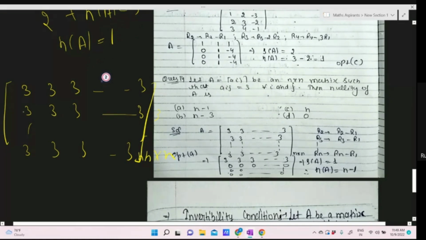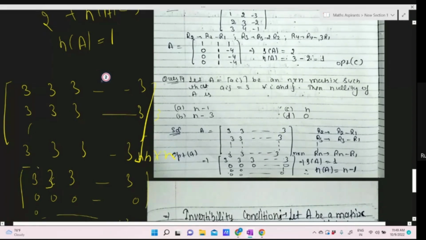After applying R2 to R2 minus R1, R3 to R3 minus R1, and so on, Rn to Rn minus R1, we will get 3, 3, 3, and 0. All other rows become 0.